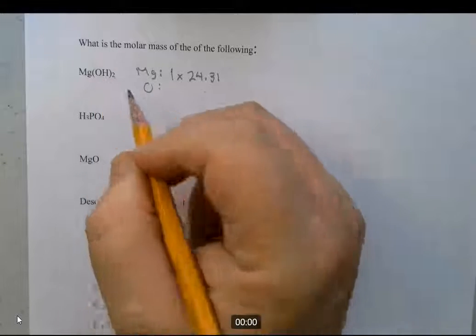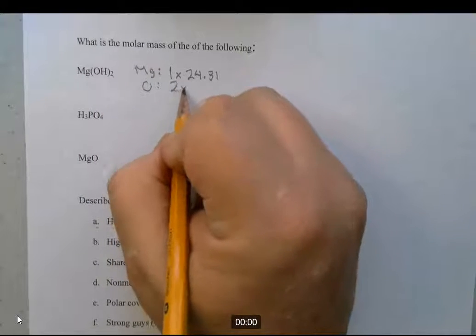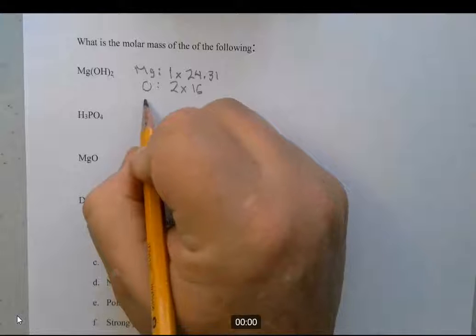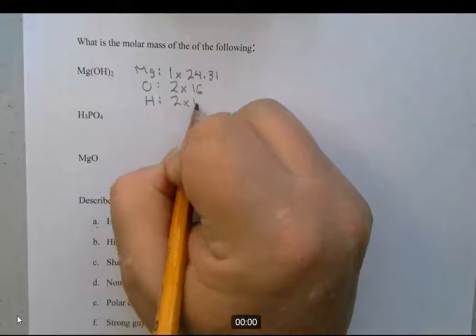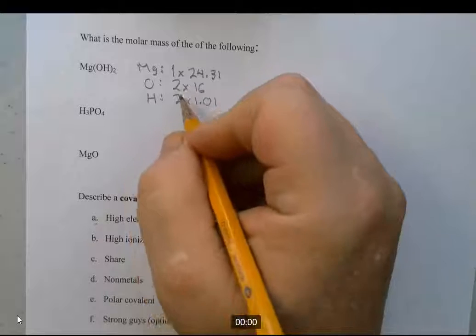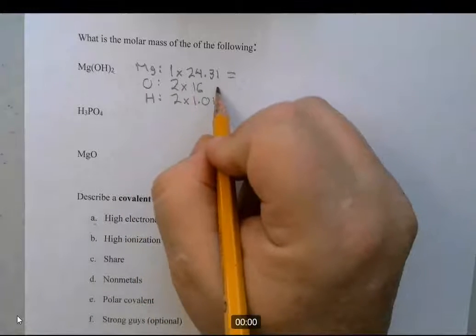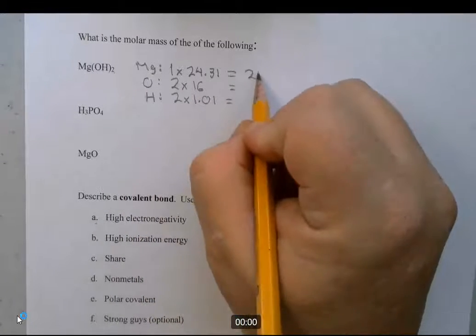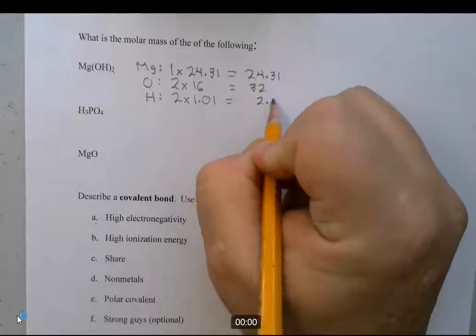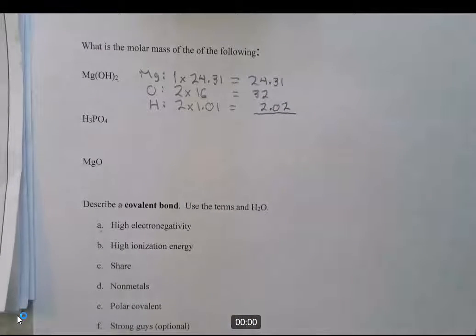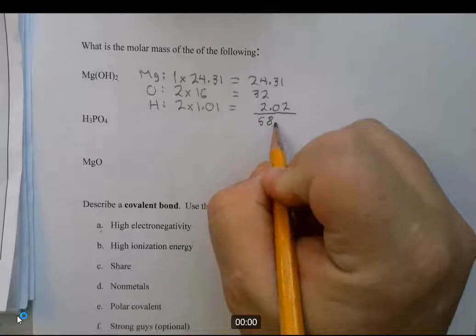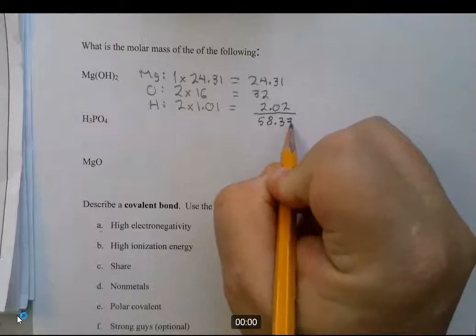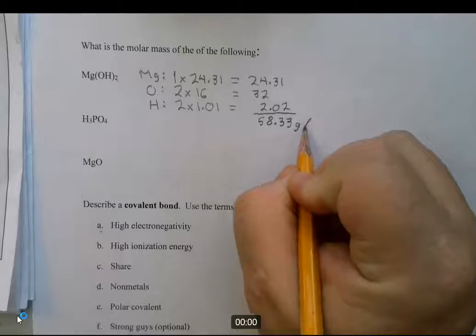It's in parentheses, it's 2 of them, so that's 2 times 16. And hydrogen, there's 2 of those, times 1.01. So you just go ahead and set these up out here. And you add those. 58.33 grams per mole.